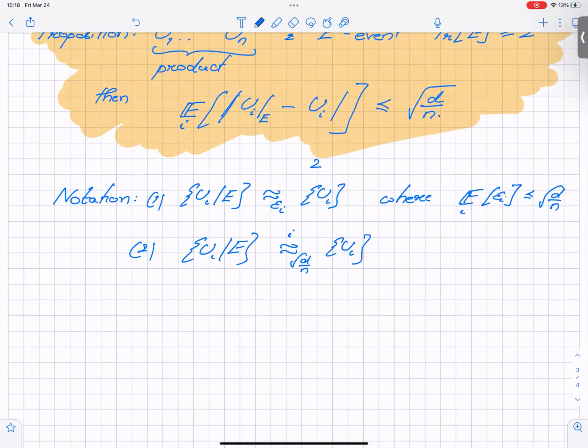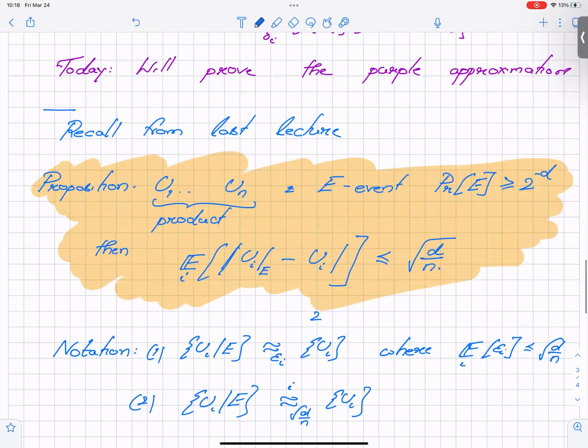So you recall this lemma from last time. And we proved this using the definition of KL divergence and Pinsker's inequality.